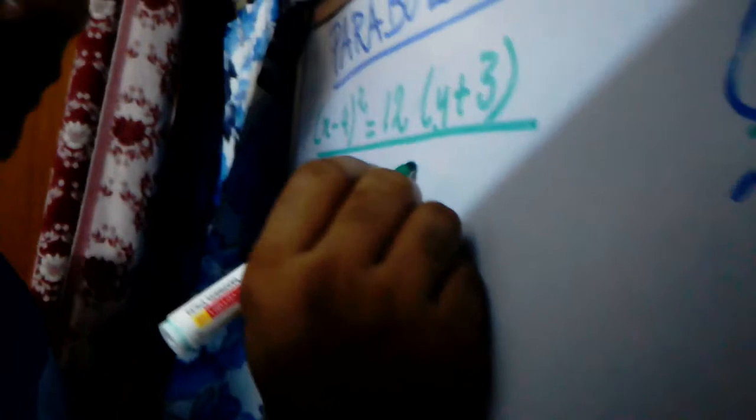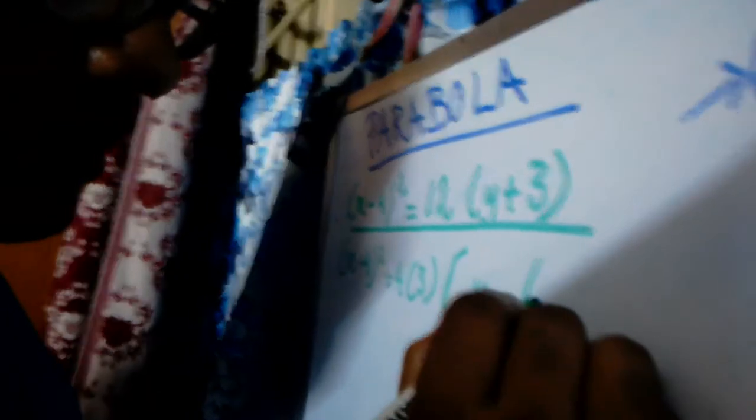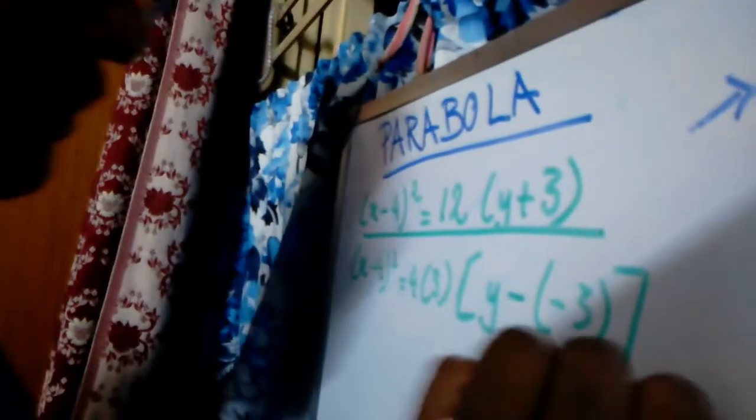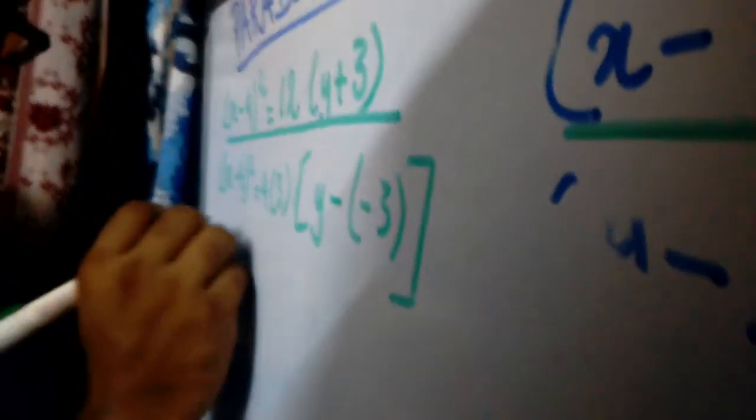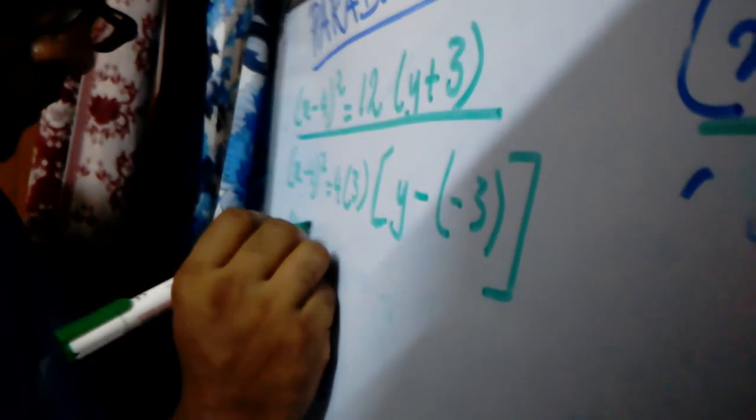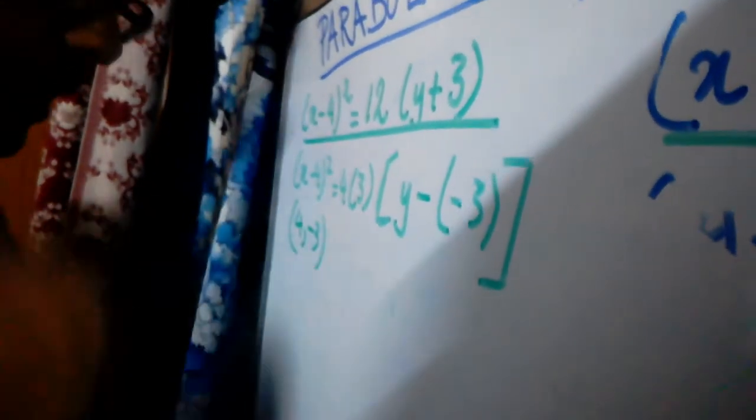See, (x minus 4) whole square is equal to 4 into 3 into (y minus minus 3). Now the basic thing which we can see derived from here is that the vertex is 4 and minus 3. Okay. Now what will be the axis of symmetry?